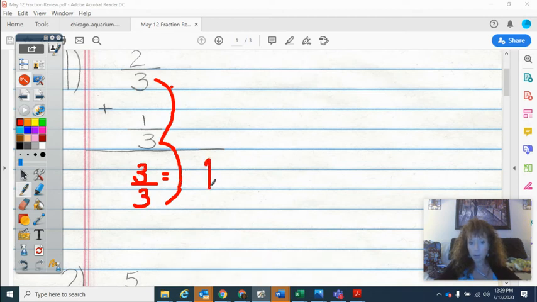It would be the whole number 1. So if it was a type of assessment where you had to pick an answer from given choices, you would have to recognize that 3 over 3, 3 divided by 3, is equal to the whole number 1. Okay? All right, we're going to erase that and we'll go on to the next one.